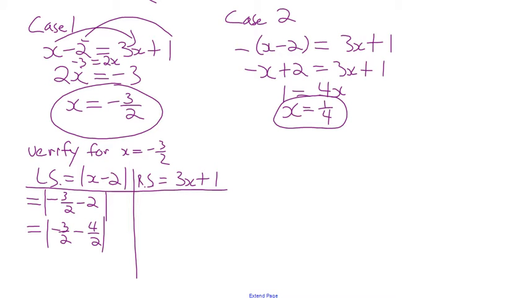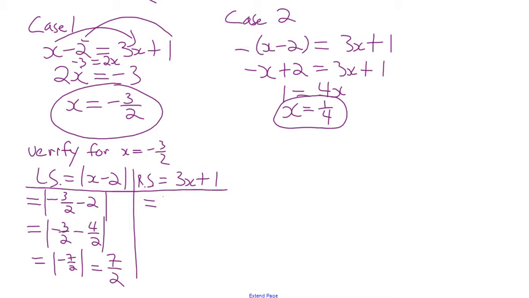So this is the absolute value of negative 7/2, which is equal to 7 over 2. Again, at any point, if you've got a question, you got to ask. Otherwise, I'm going to assume that you're okay with what's going on.